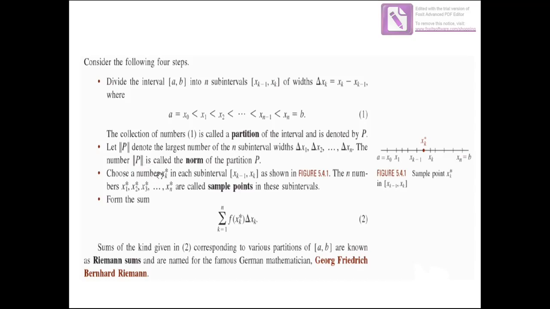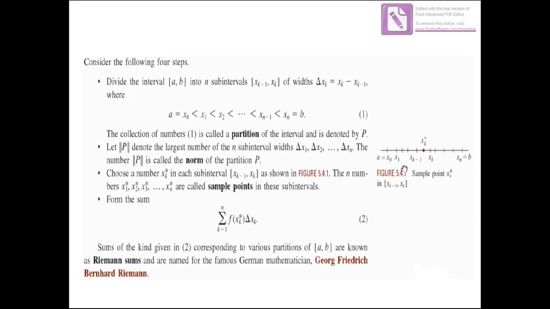The number norm of P is called the norm of the partition P. If this one is not regular, for example, the difference between x1 and x0 is different from x2 minus x1, so the width of delta x between x0 and x1 is different from the width between x1 and x2, then we take the norm of P, which is the largest of the subinterval widths.